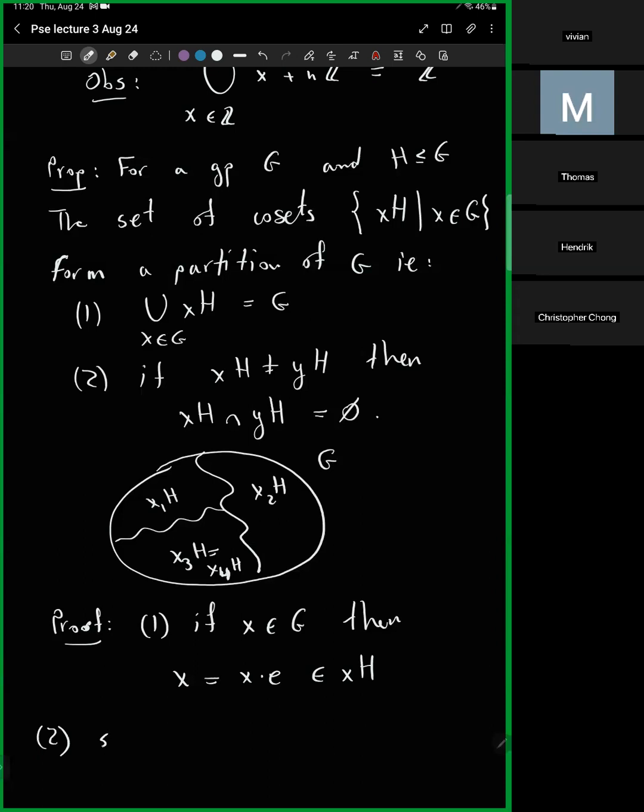Now, suppose you have two cosets xH and yH, and you have an element alpha in their intersection.